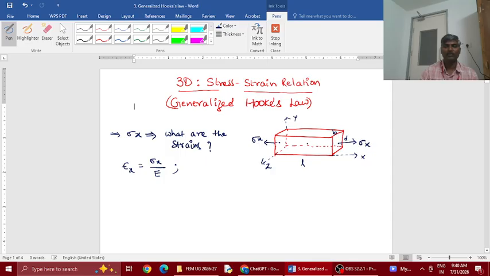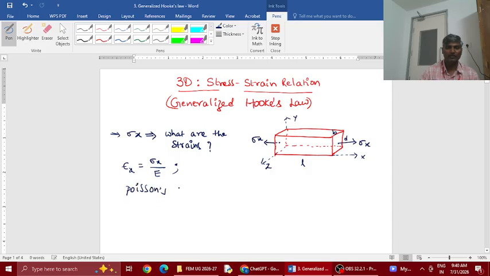Do you have strain in y direction? Yes. How is it possible without stress? There is strain possible in y direction also. That is because of Poisson's effect.